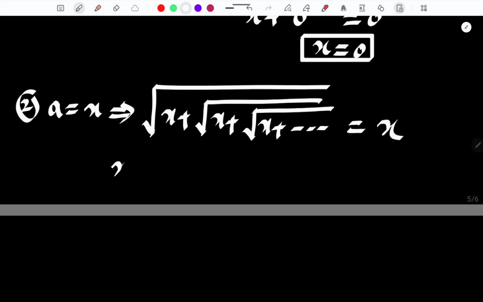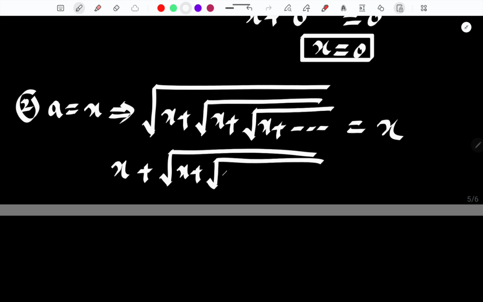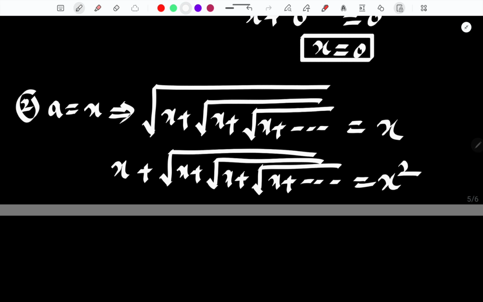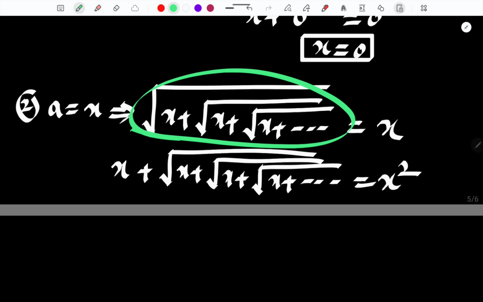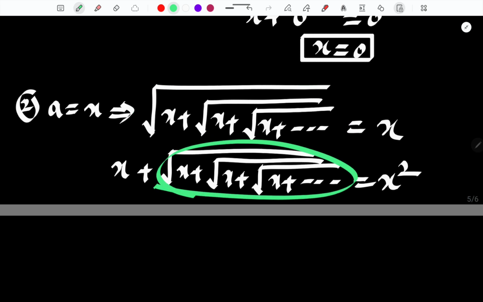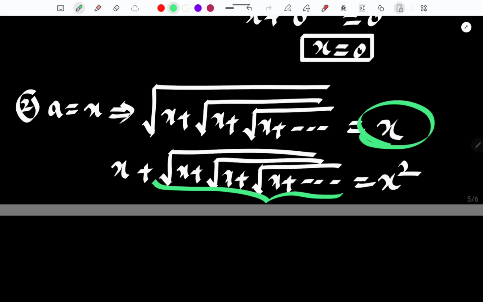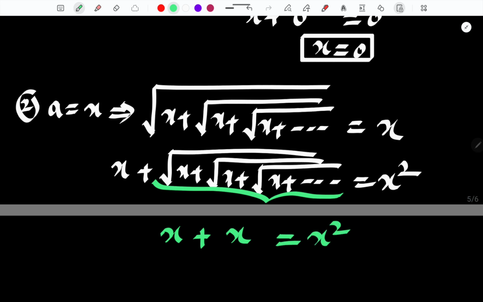Now do squaring on both sides, you will get x plus root of x plus root of x plus root of x plus and so on. So here we have x square. Now if you observe this part and this part, both are same, therefore this part we are going to write with x. So x plus x equals x square.